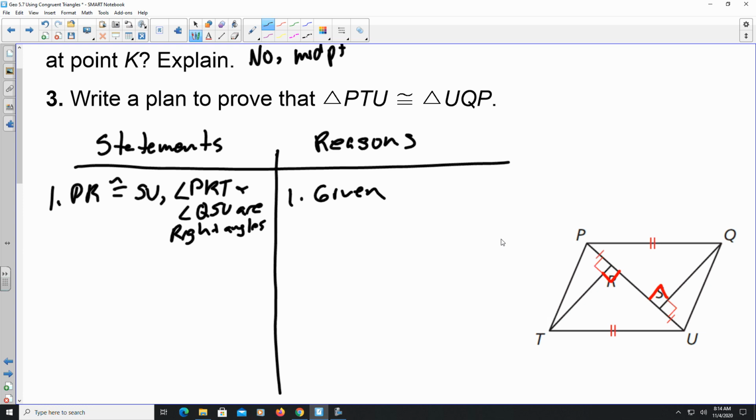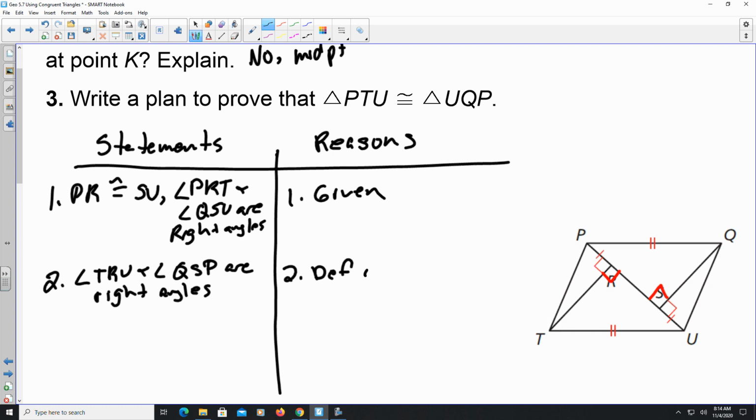So my second statement: angle TRU and angle QSP are right angles, because of the definition of linear pair.